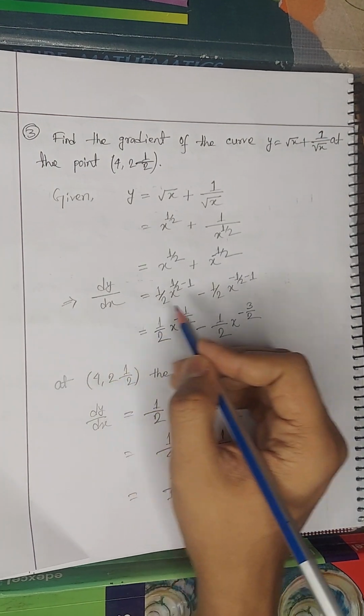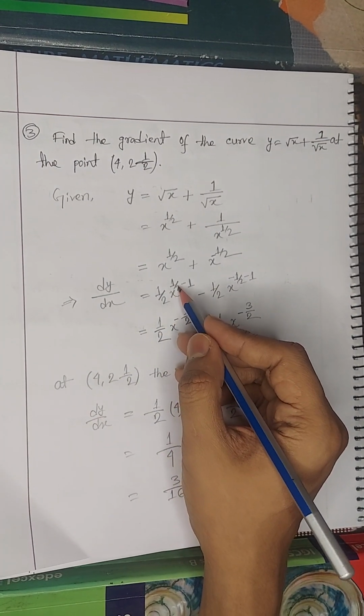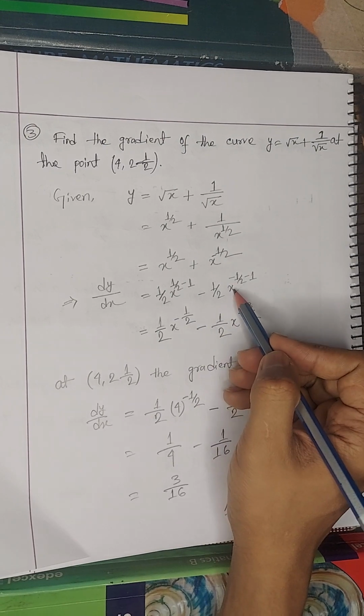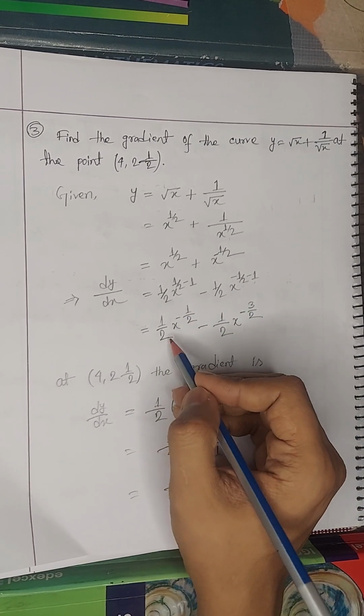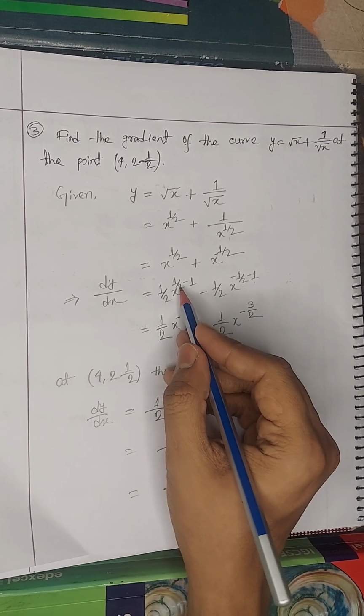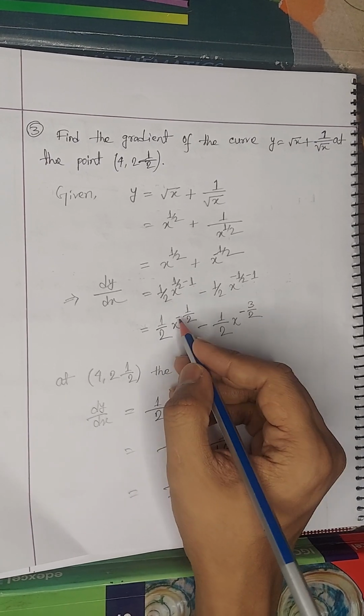And the value of dy by dx will be half x to the power half minus 1, minus half x to the power minus half minus 1. So here the value is half x to the power minus half, because 1 by 2 minus 1 is equal to minus half.